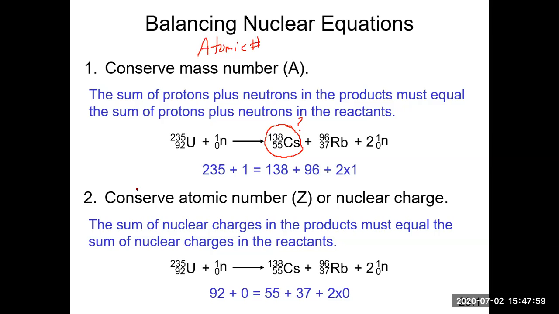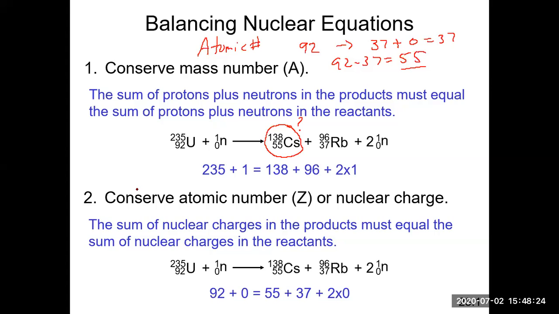So the approach you would take is to look on the left-hand side and go, I got 92 for my atomic number on the left. On the right-hand side of the arrow, I got 37 plus 0, which is 37. If I take 92 minus 37, that gives me 55. That would be my missing atomic number.